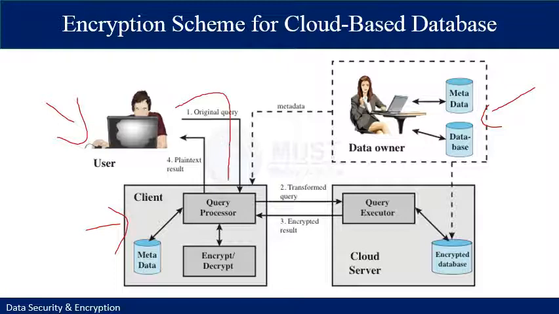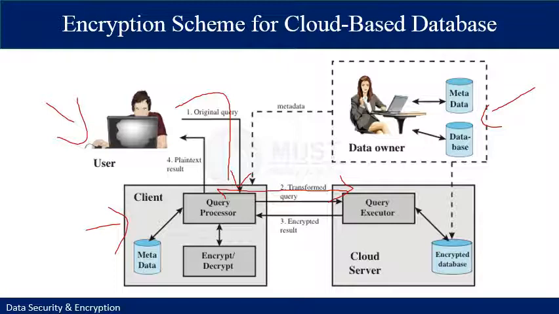So the original query is passed to the query processor, which transforms the query for the cloud server, which is the fourth element, an organization that receives the encrypted data from the data owner and makes them available for distribution to the clients. The server could in fact be owned by the data owner, but more typically this facility is owned and maintained by an external provider.